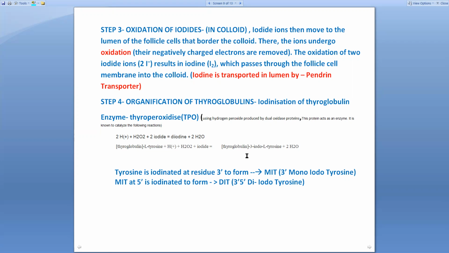This is called monoiodotyrosine, or 3-monoiodotyrosine. So it is called MIT, monoiodotyrosine. In the next step, MIT at position number 5 is iodinated to form diiodotyrosine, which is 3,5-diiodotyrosine.